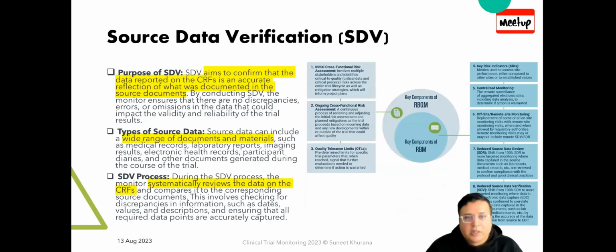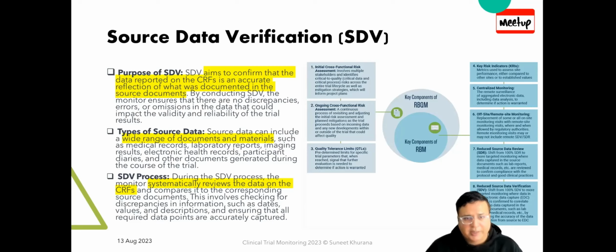So what is the purpose of source data verification? To confirm the data on the CRF is accurate, as I just mentioned. It includes a wide range of documented materials such as medical records, lab reports, imaging results, and health records. The patient diary is also a source document, and anything else generated during the trial, for example vitals documented.